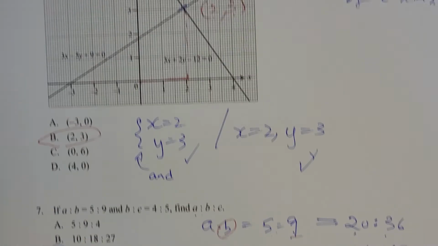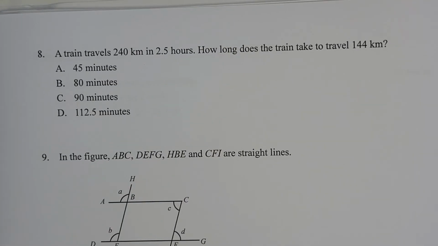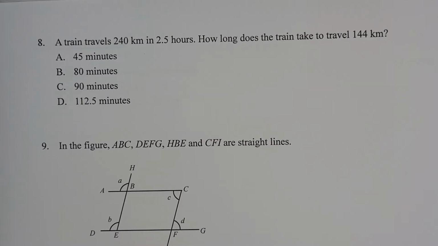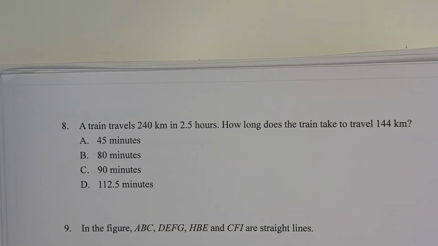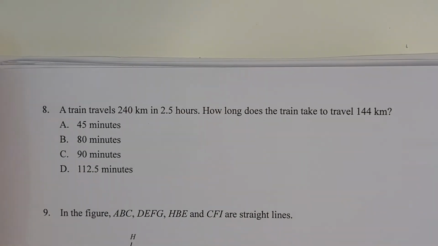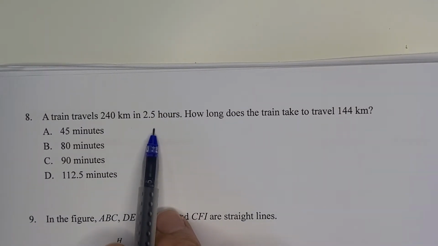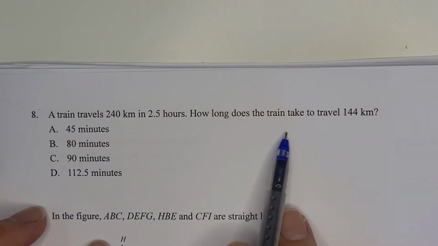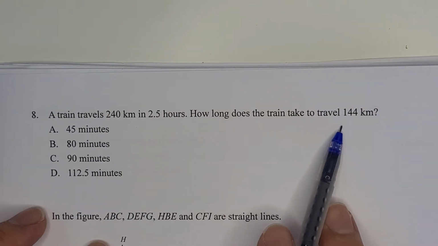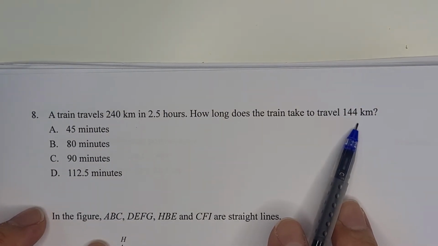Alright? And then move to question number 8. That's the question about rate. A train travels 240 kilometers in 2.5 hours. How long does it take the train to travel 144 kilometers?